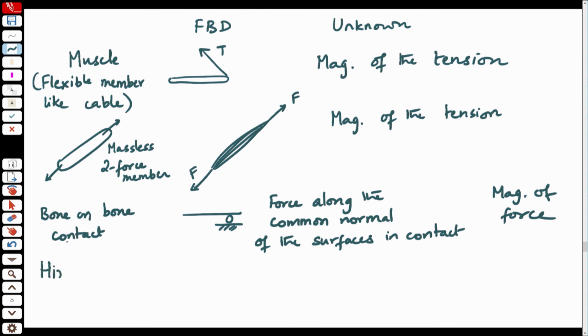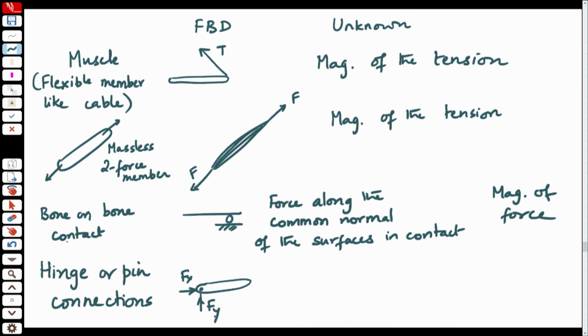Then the hinge connections that we model as pin connections. Now, we talked about the knee joint, we talked about the elbow, which are akin to hinge joints. There you will have two unknowns, Fx and Fy, because the hinge prevents movement in two directions.